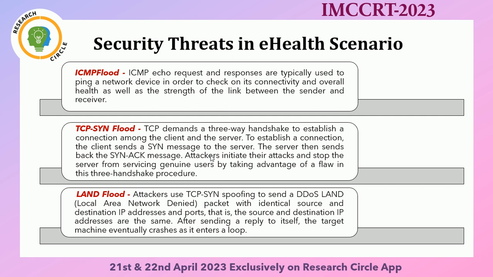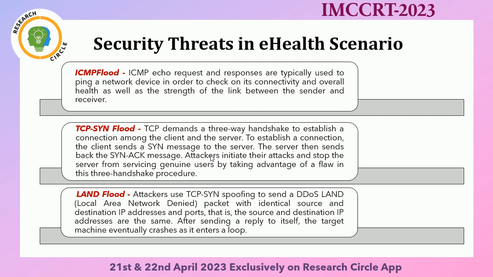In TCP, to establish the connection between the client and the server, it requires a three-way handshake. The client sends a SYN message to the server to start a connection. In turn, the server sends the SYN acknowledgement.